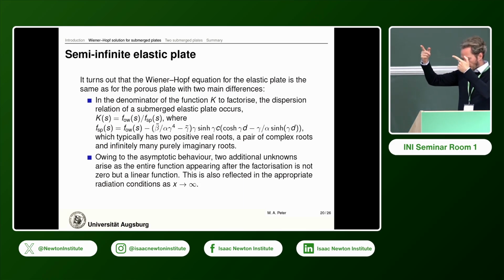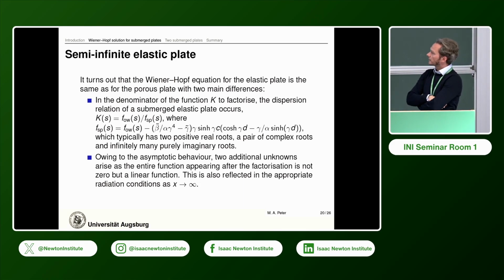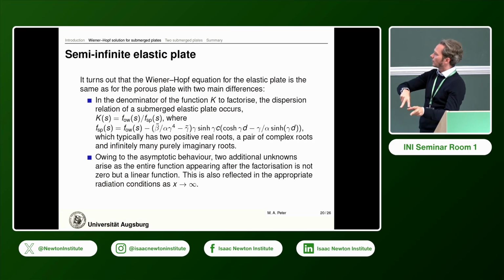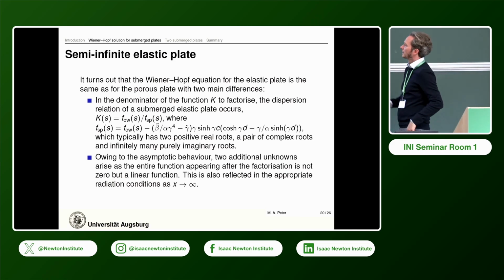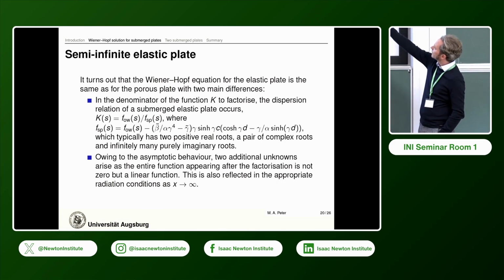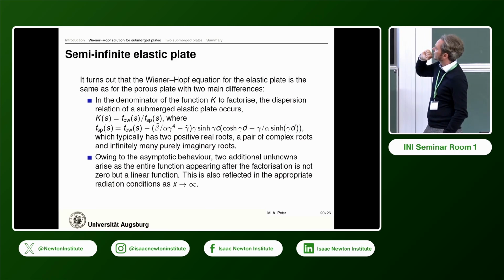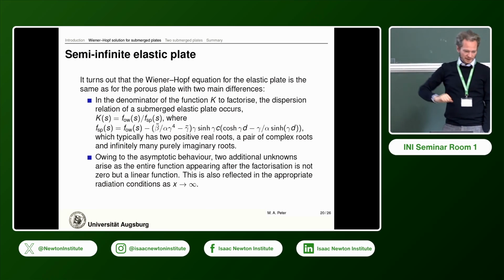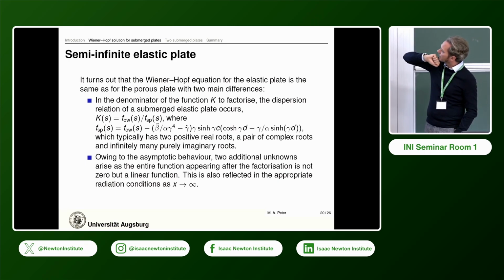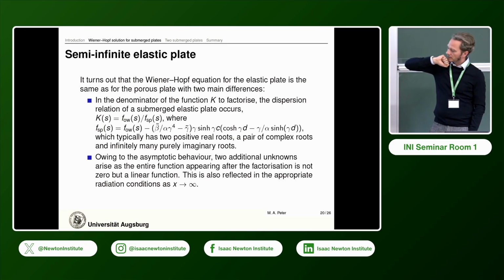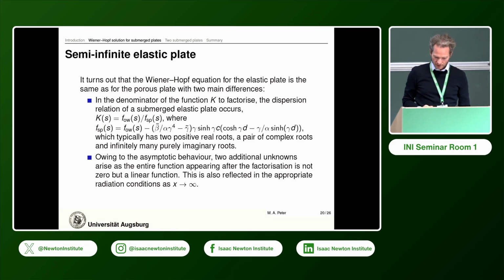In the numerator, we still have just the open water dispersion relation, which is then corrected by the other implicitly appearing dispersion relations, which again is the dispersion relation underneath the plate, the dispersion relation above the plate, and then instead of having this complex term here, if I just have the elastic plate, I get this polynomial in front of that. So again, very similar structure.